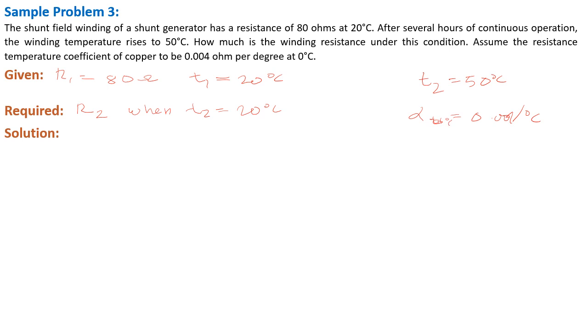Right. Now, this is crucial because we have two formulas. First, we have R2 is equal to R1 times the quantity T plus T2 over T plus T1. And we also have R2 is equal to R1 times the quantity 1 plus alpha T1, and if you remember, this one is T2 minus T1.